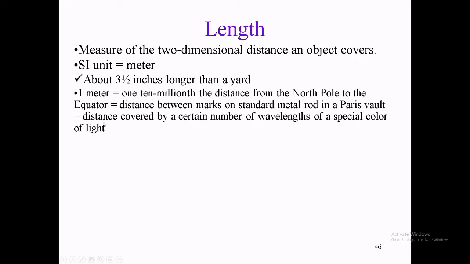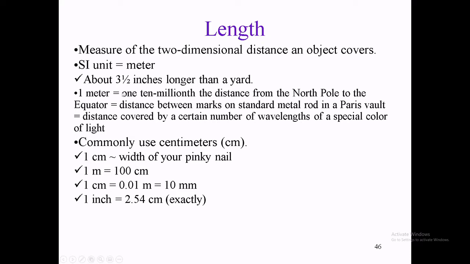Then we came to this value that is really immutable. If we can limit a certain wavelength, a certain frequency of light, we can talk about how long that wavelength is. And that is a value of a meter that we really can't change. So that's how we've continued to refine what a meter is.